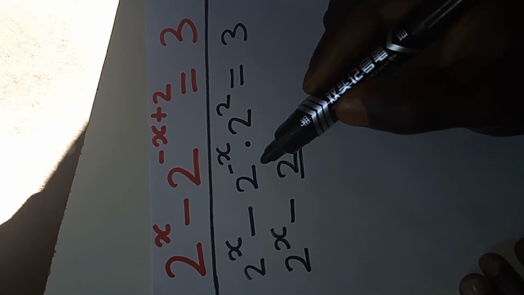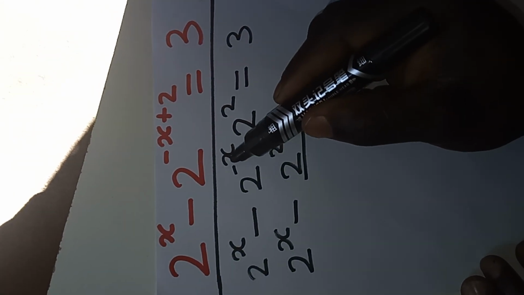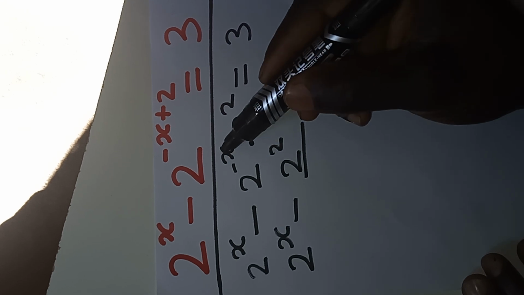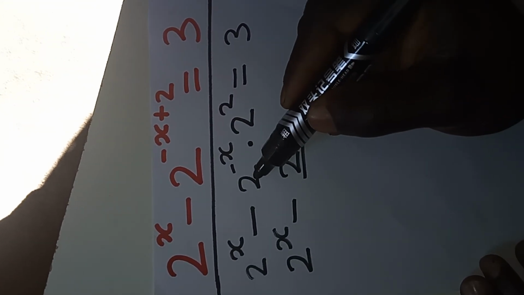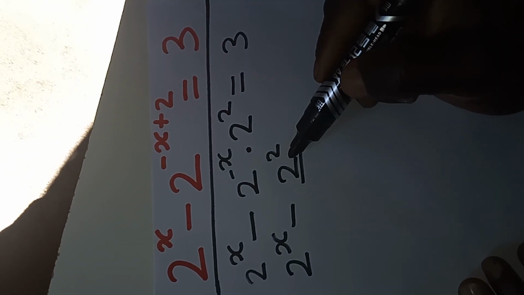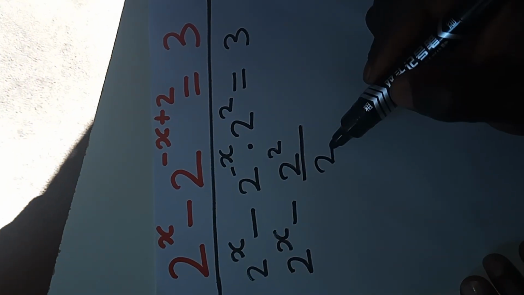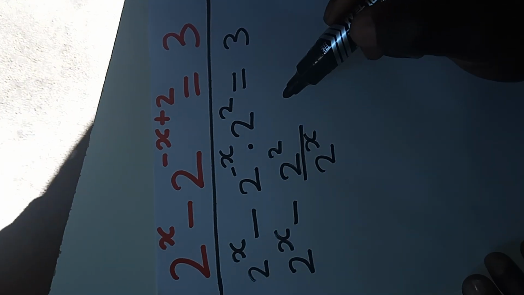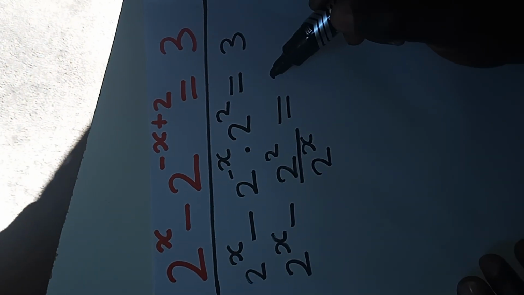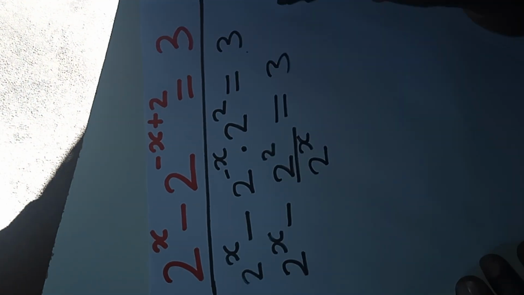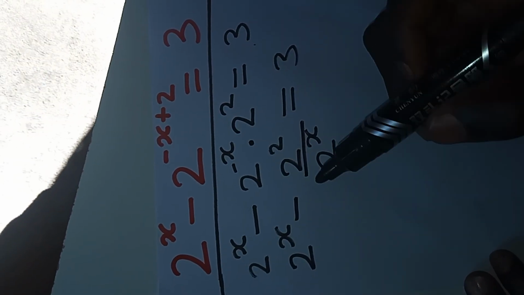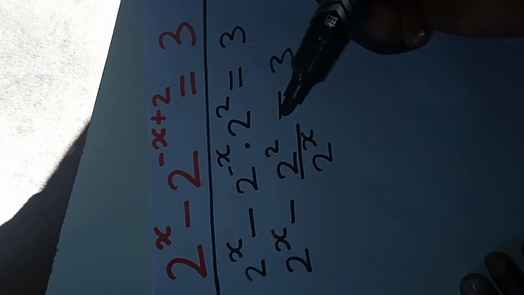According to laws of exponents, when a number is raised to a negative power, we can say 1 over that number raised to the power given. So in this case, it's 2 to the power of x. Then I equate it to 3. I haven't changed anything on the equation. Please take note of that. I've just rearranged it to see it clearly.